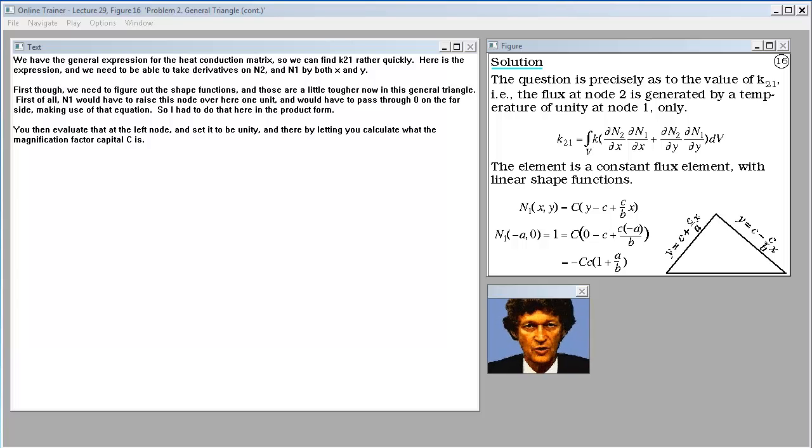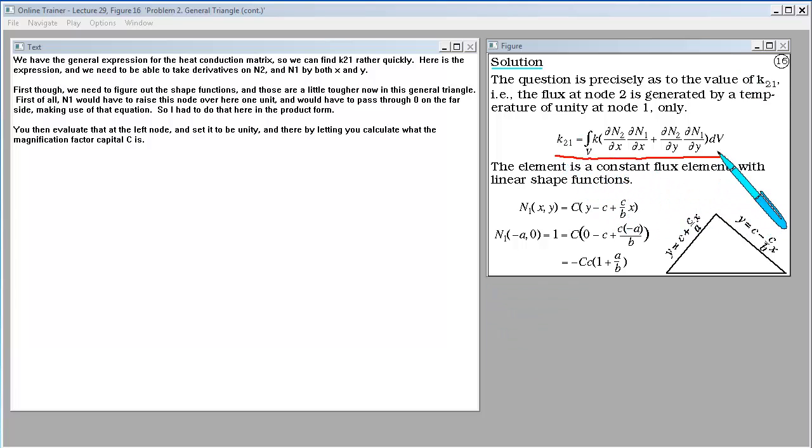We have the general expression for the heat conduction matrix, so we can find K21 rather quickly. Here is the expression, and we need to be able to take derivatives of N2 and N1 by both x and y.